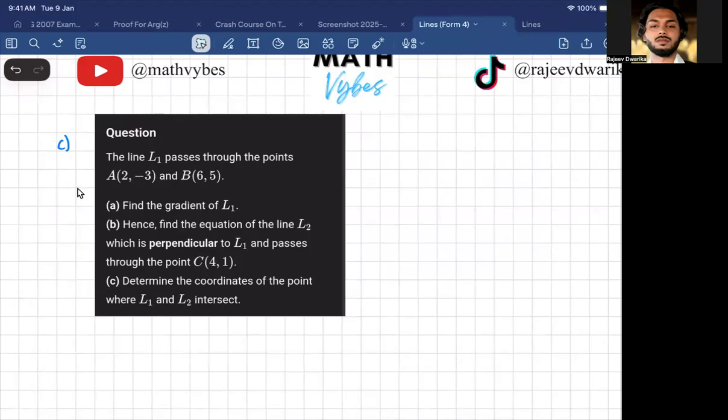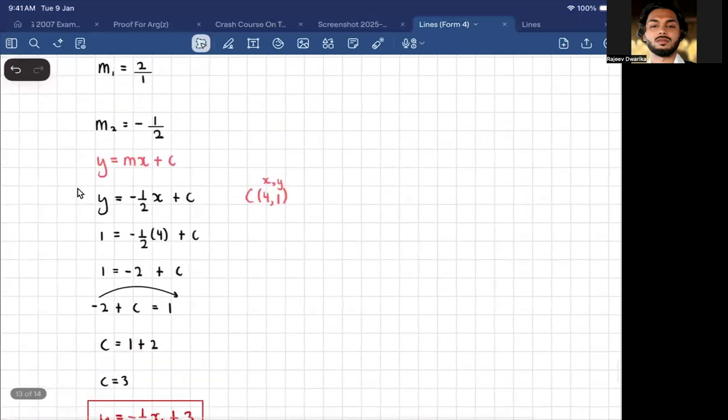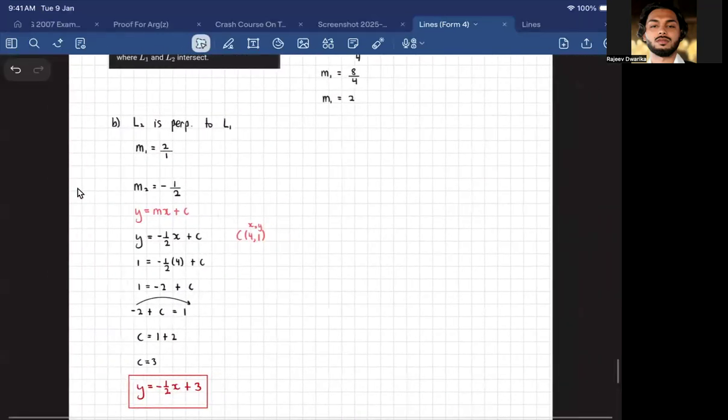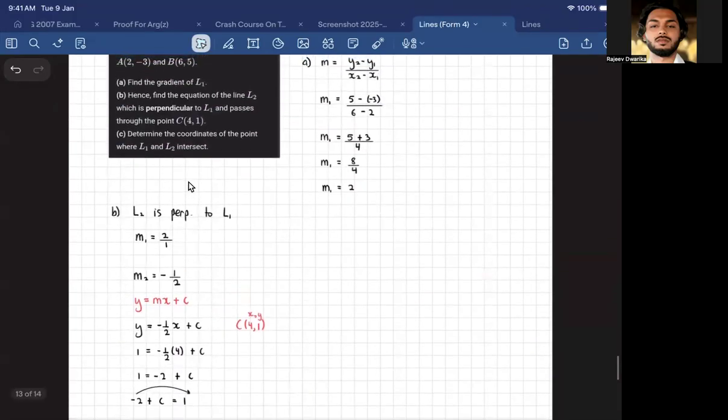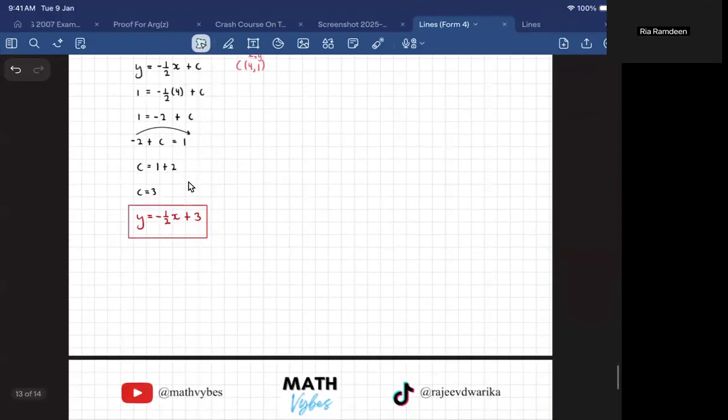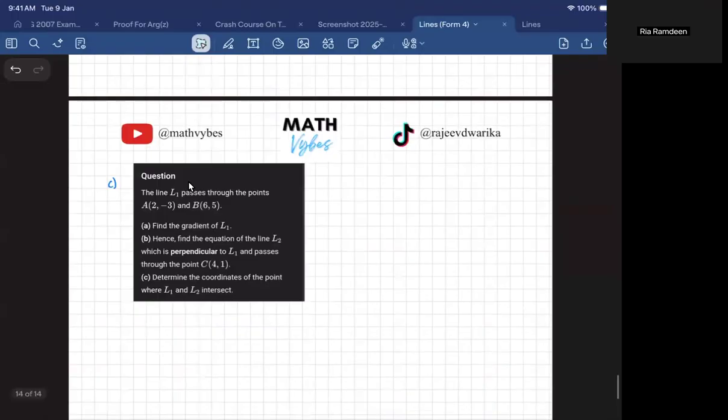Chelsea, did you understand everything I did here in part B by chance? Yeah? Okay, good. So Ria, do you remember how to do simultaneous equations by chance? I was trying to remember because I know I did it, but nothing was really coming to me.